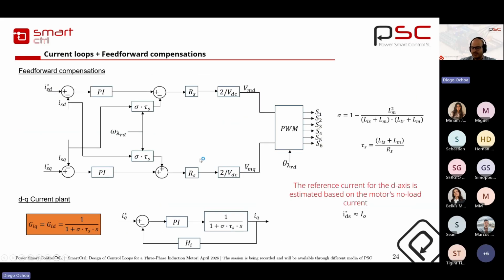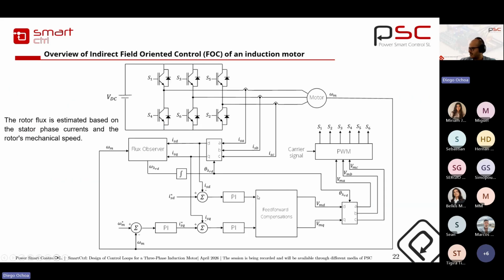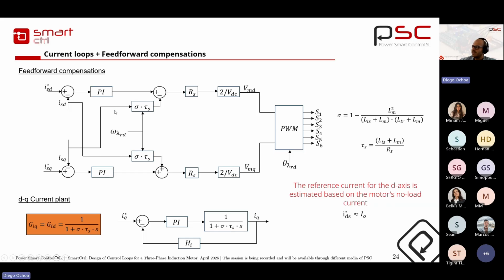After that, also, we have some feed-forward compensation. This represents this stage of the control structure. The feed-forward compensator tries to decouple the axes, because remember, when you use the dq transform, you always find a coupling between the axes, and with the feed-forward, we're trying to decouple them, to separate the components.